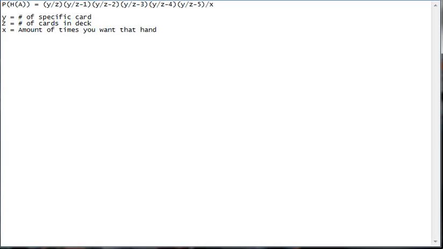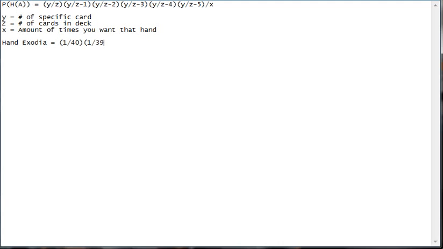So, to give you an example, and the basic hand, this is called hand Yugioh. I called it that because this is the probability of drawing Yugioh first hand in a 40 card deck.